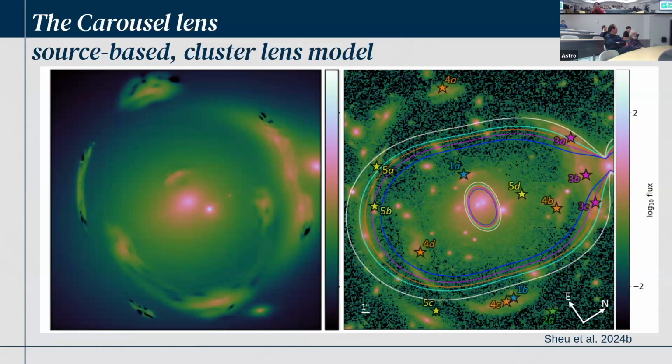How many more of these would be expected to be studied in the next 5 years, say? 5 more, do you mean? Similarly nice ones? Yeah, like, are these super rare, or will more be discovered by Euclid or so?